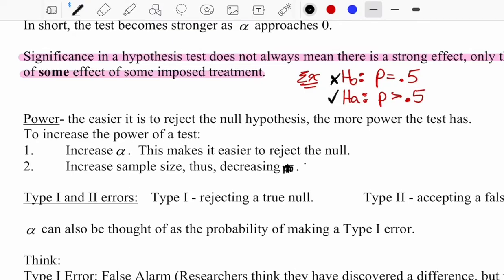So that should be S. I can't believe I didn't notice that. All right. Increasing the sample size decreases S. Let me get rid of thus. That's a little pretentious. While I'm at it making my edits, decreases the S, and therefore S over the square root of N decreases.